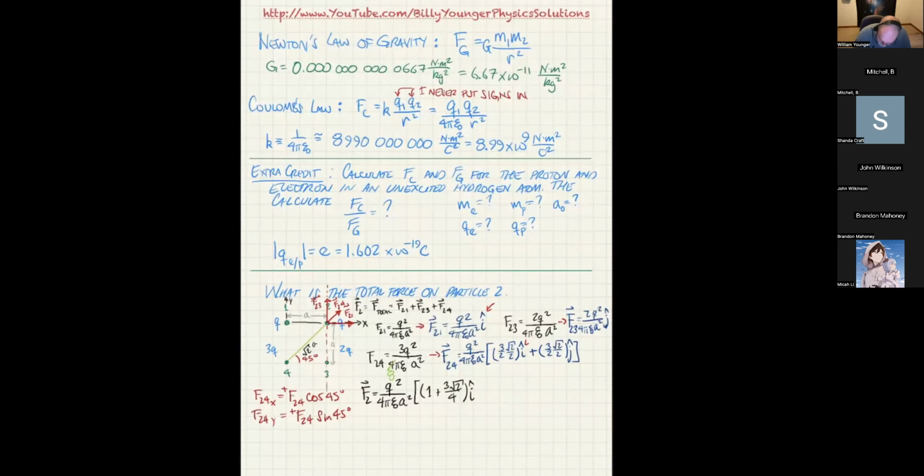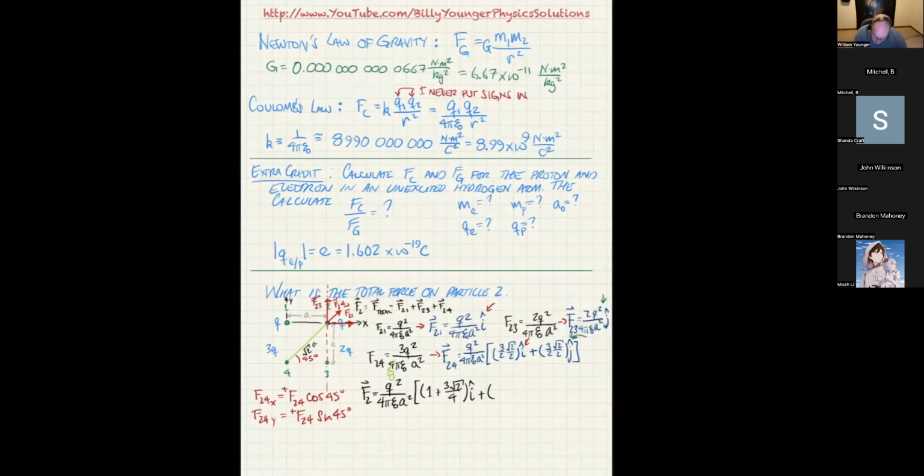And now I've got to do the same thing for my y components. I'll use a different color arrow to remind us. So this time I have a y component there, and I also have a y component there. So I'm going to do like I did before and put a plus and then a parenthesis.